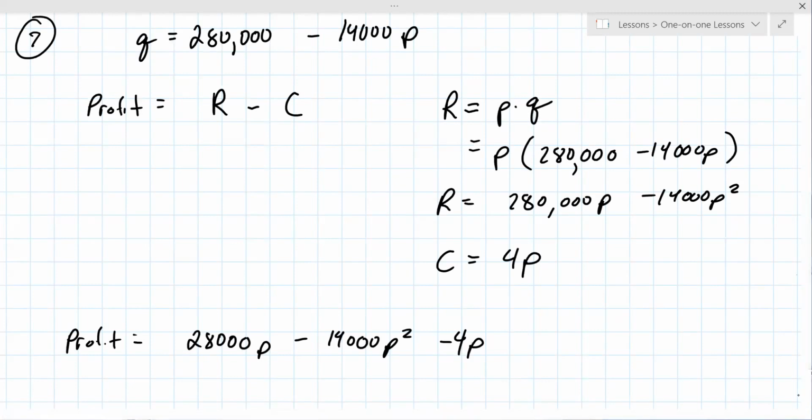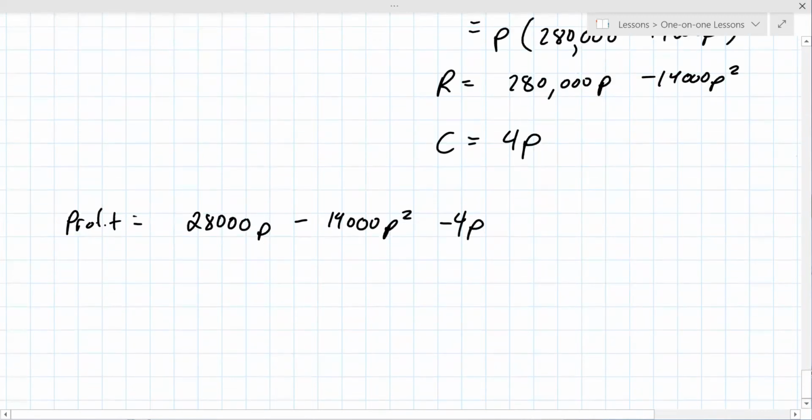So you can take a derivative, set it equal to 0 here. You can combine these first two if you want. You're going to use your calculator anyway, so I'm not sure that's necessary. But P prime is 280,000 minus 28,000 P minus 4.